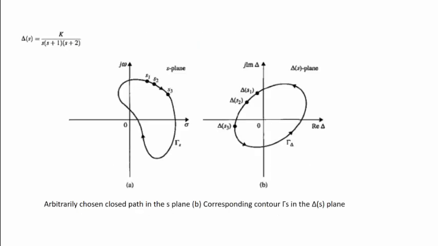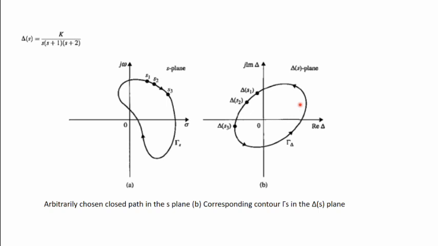Now let us consider a closed loop path. This is the S-plane, and in this we consider any arbitrary closed loop contour S. Let us say that there is one transfer function K upon S into S plus 1 into S plus 2, and we represent it by delta of S. We can map every point on this curve, S1, S2, S3, into another path in some other plane, that is nothing but the delta plane.